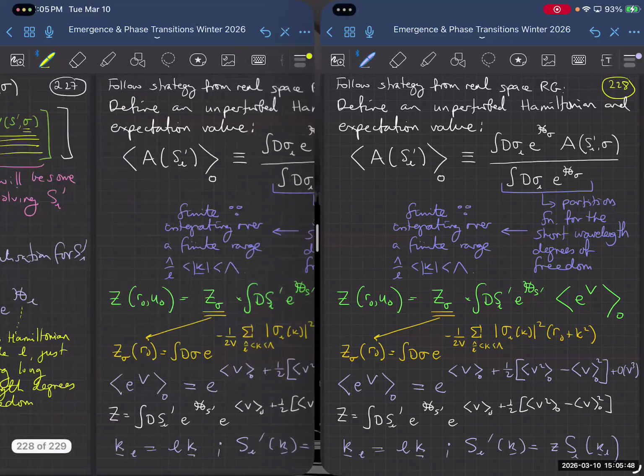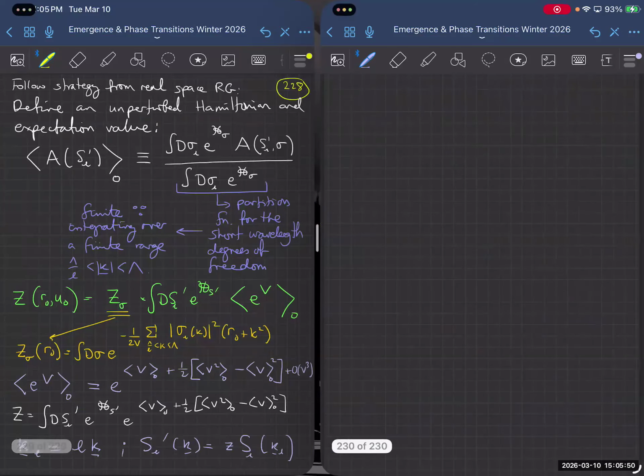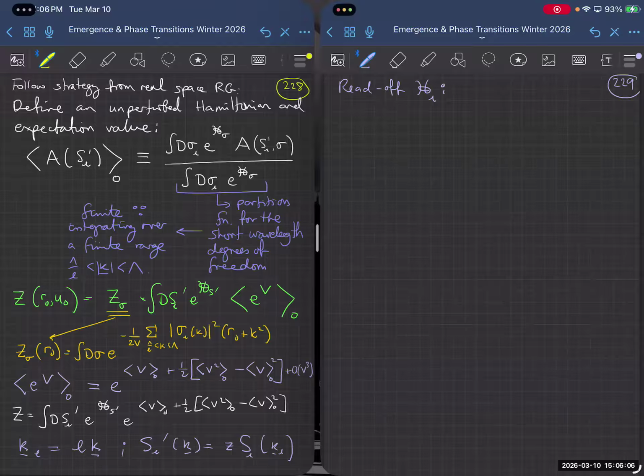And once we've done all of those things, then we can read off the effective Hamiltonian at the scale L. Let me just write down what that's going to be.